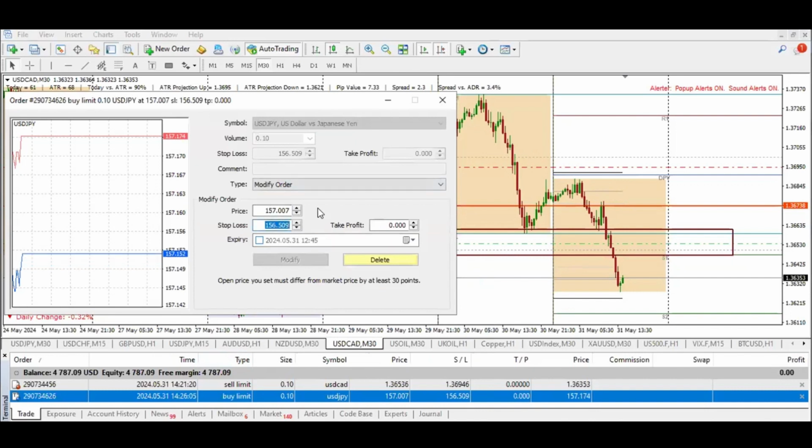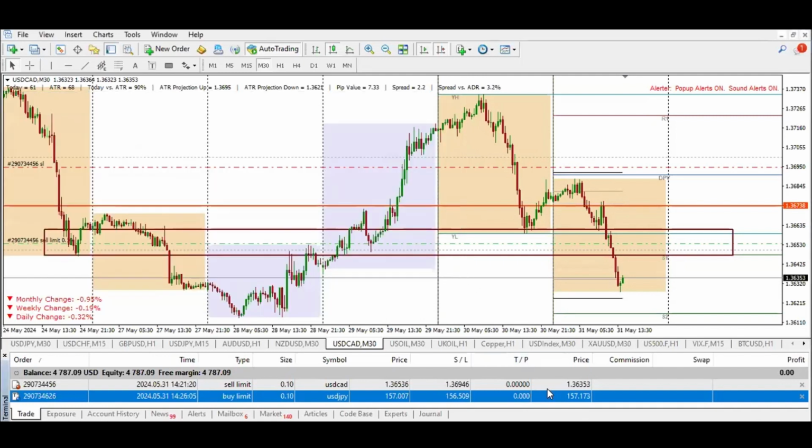I put the new level that I want in there. So I do that. I want to believe that that's clear enough.